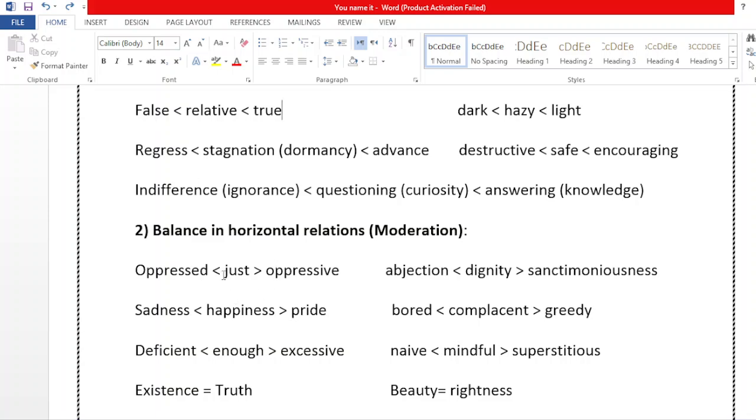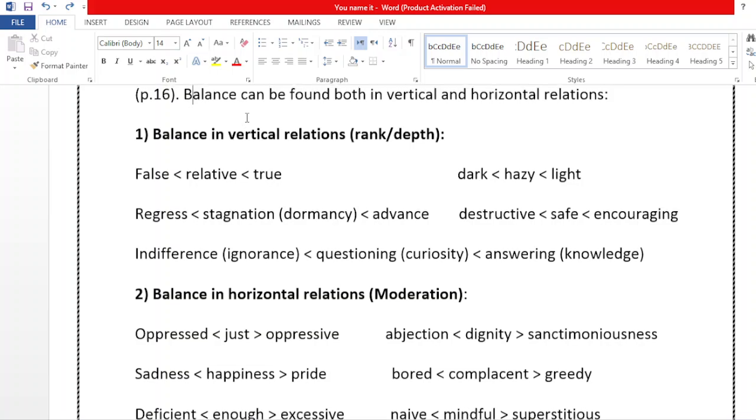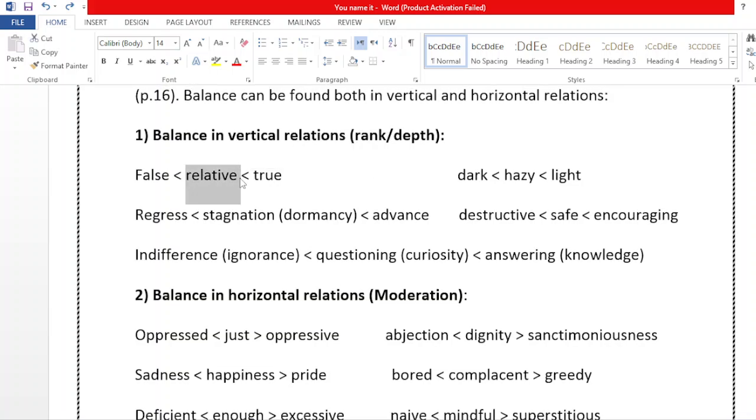While in horizontal balance, the central middle ground is the best one. So mistaking this for this will lead to thinking that even in vertical balance, the middle ground is better than the two sides. For example, some intellectuals might say that questioning is even better than answering.